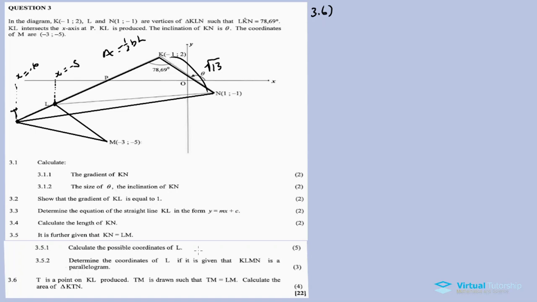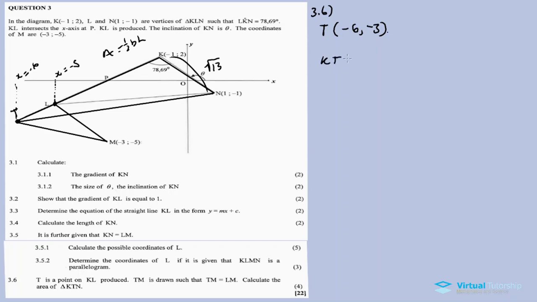So by producing KL, the coordinates for L are the coordinates for T, since LM is equal to TM. Therefore the coordinates for T are -6, minus 3. Now we can calculate the length KT.